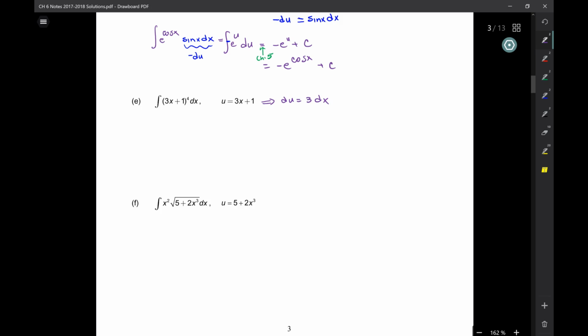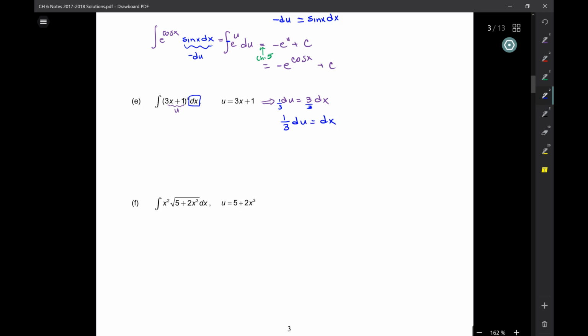Okay, so now take a look here. This is u. So I have u to the 4. What do I have left over? dx. Just dx. So how can I solve my du expression for just dx? du over 3. So divide by 3, divide by 3. So 1 over 3 du is equal to dx.